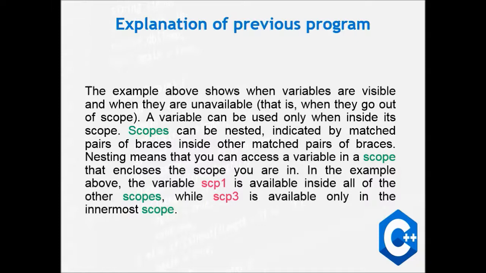Nesting means that you can access a variable in a scope that encloses the scope you are in. In our previous example, the variable scp1 is available inside all of the other scopes, while scp3 is available only in the innermost scope.